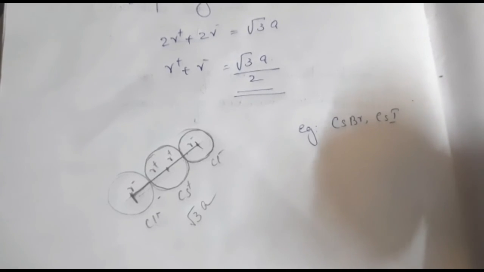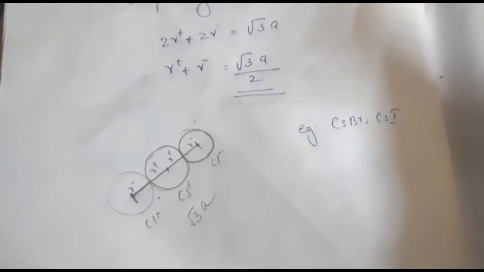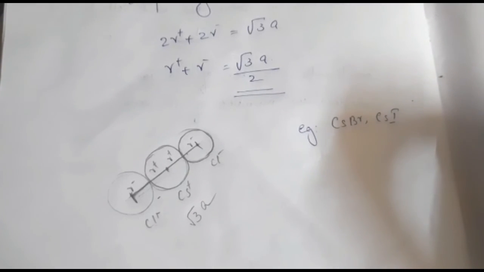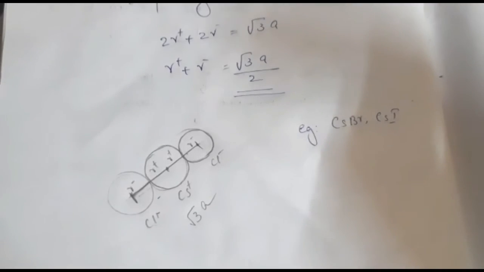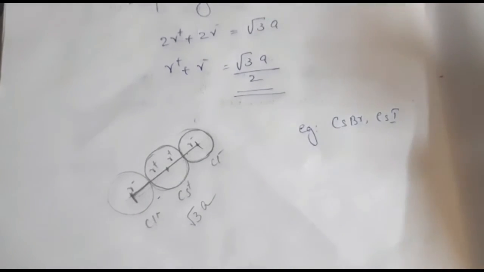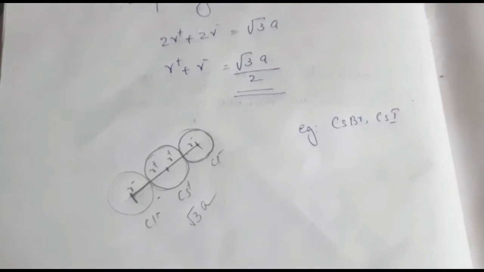It is comparable with the chloride ion, so the repulsion with chloride ions will be lower. That is why cesium chloride can have coordination number 8 while sodium chloride or potassium chloride will have coordination number 6, because the radius ratio of sodium chloride is lower compared to the radius ratio of cesium chloride.